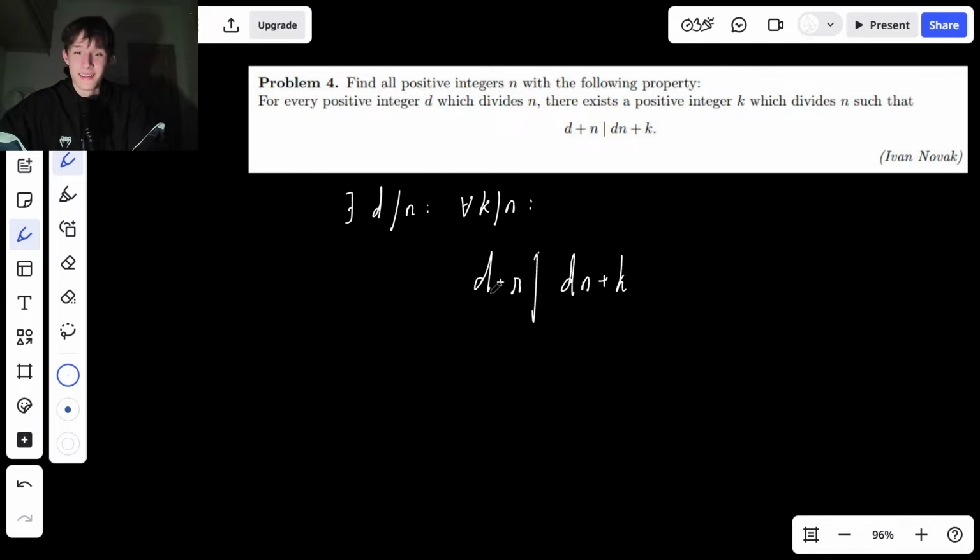Holy. Okay. So if d is equal to 1, then n plus 1 divides n plus k, and that's fine.